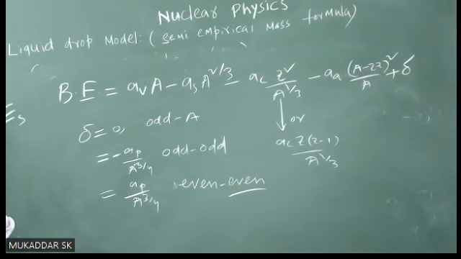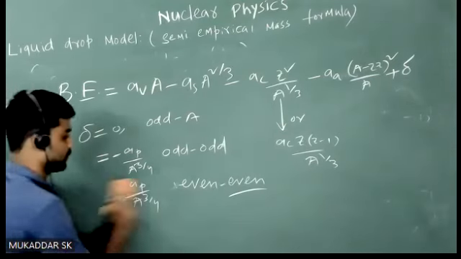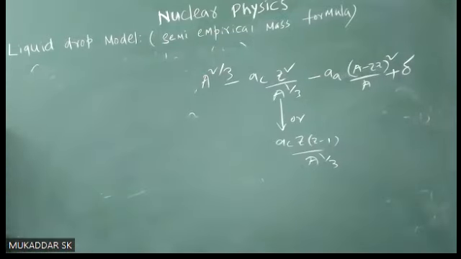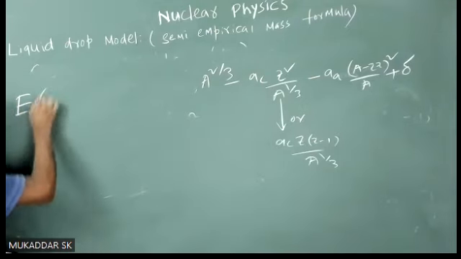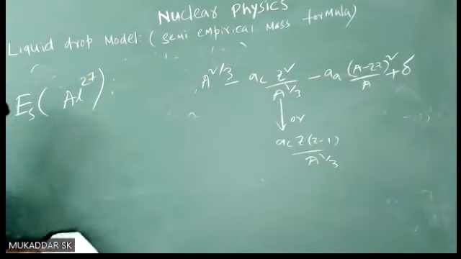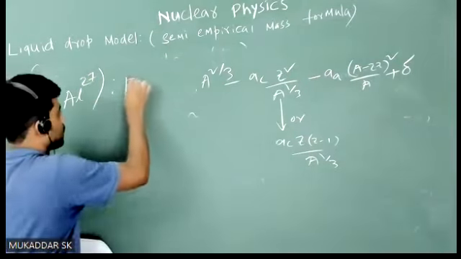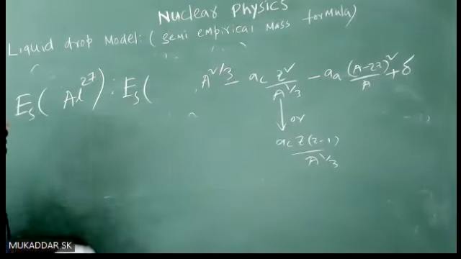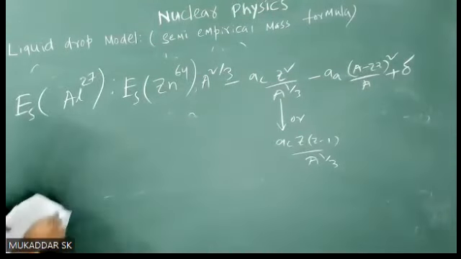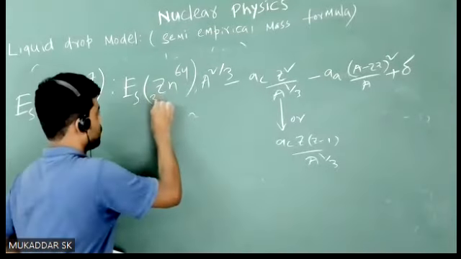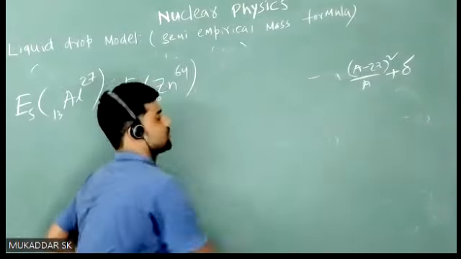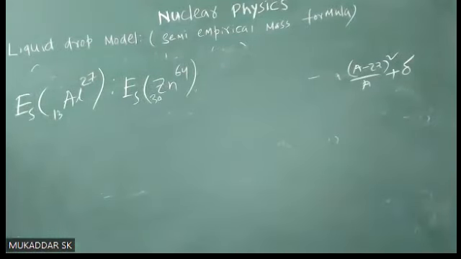Then calculate E_S for aluminium 27 into that ratio, you have to calculate E_S for zinc 64, and the atomic number I am also writing here, 13. So let E_S denote the contribution of the surface energy per nucleon, then you have to calculate that number.